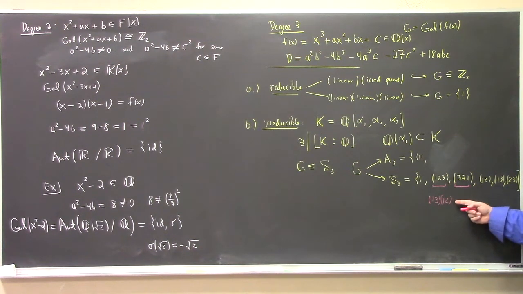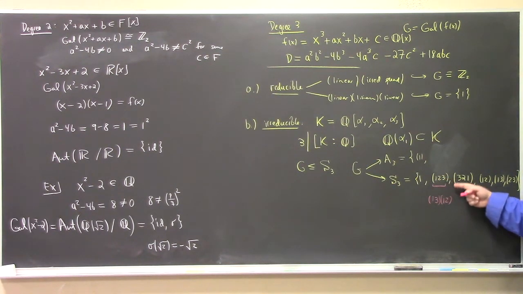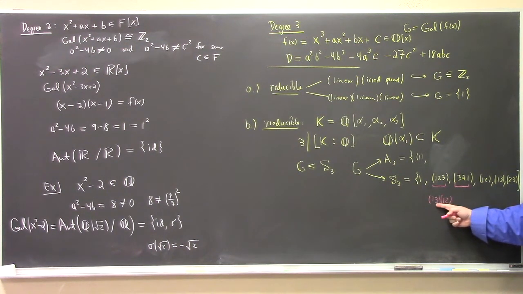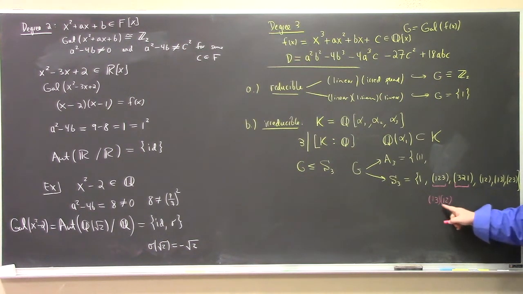Try plugging in 1. 1 goes to 2, and then it goes nowhere, so 1 goes to 2. Let's try plugging in 3. 3 goes nowhere here, then goes back to 1, so 3 goes to 1. So this product of transpositions is this 3 cycle.